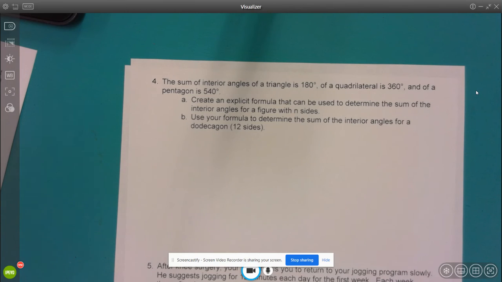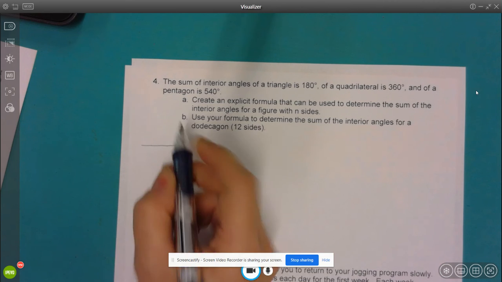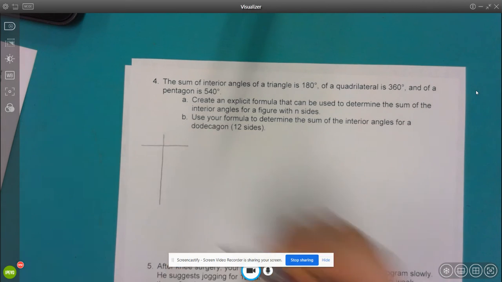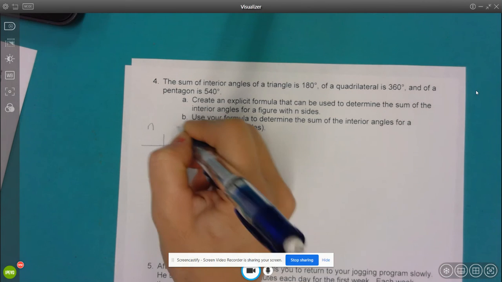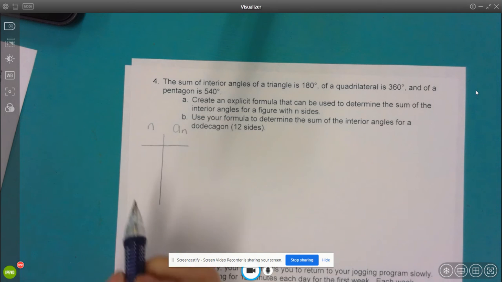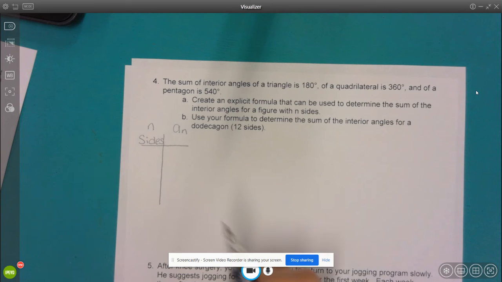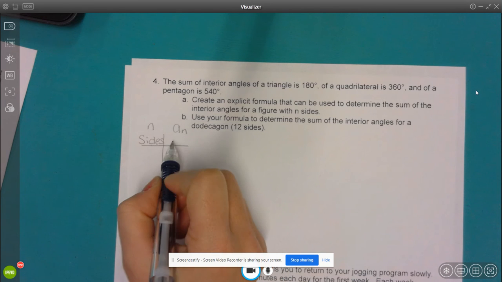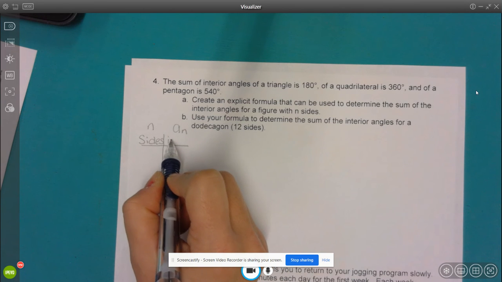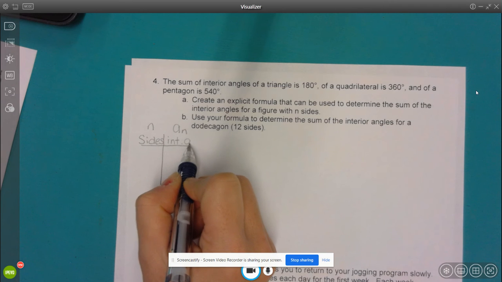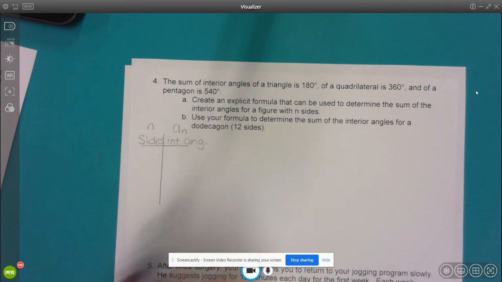What they've done in part A here is told us exactly what we should label the heading of our table. So they said n sides. That means n is my input. So n is the sides. And an is the interior angles, or the number of degrees inside of that shape.